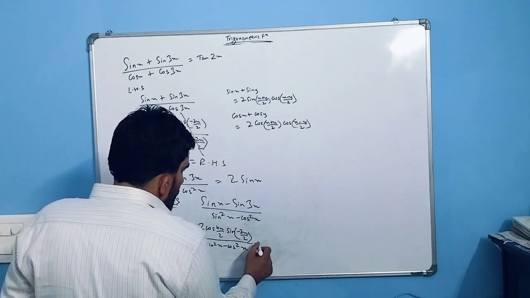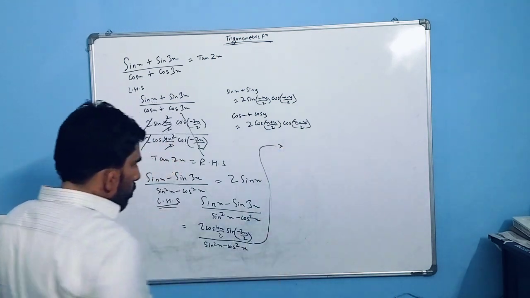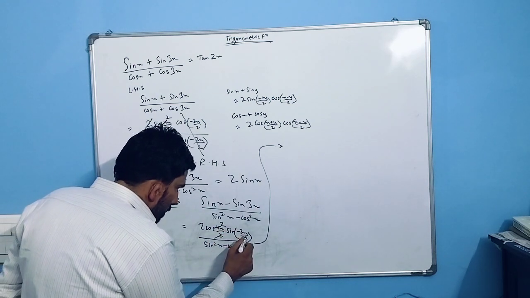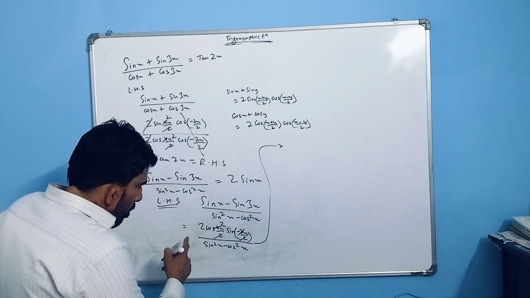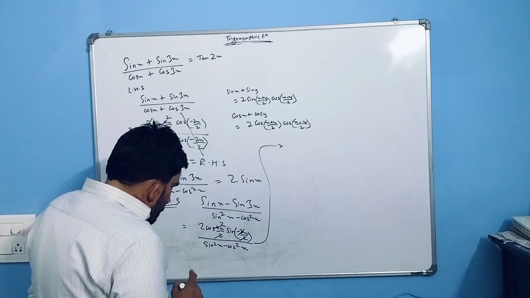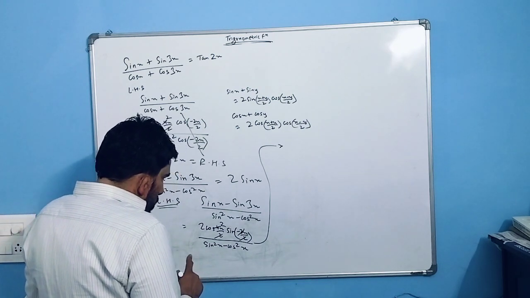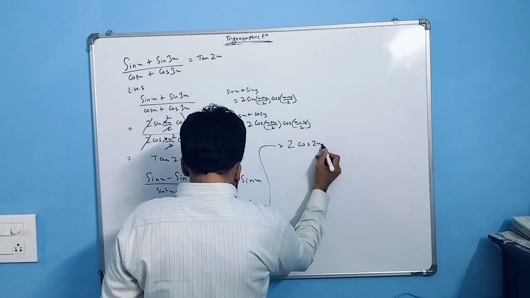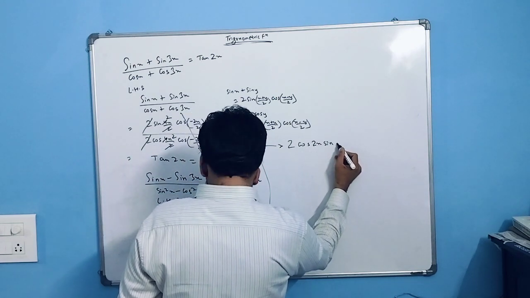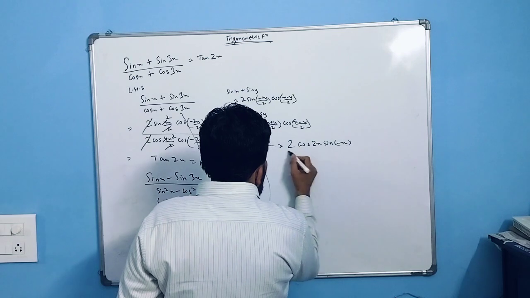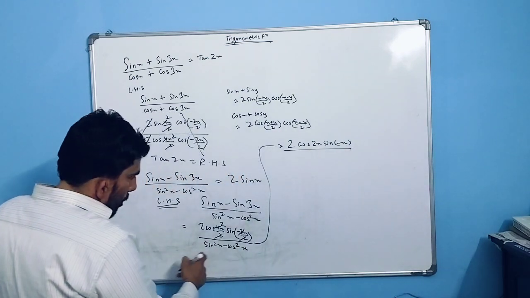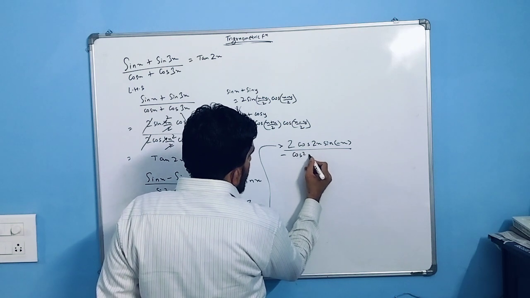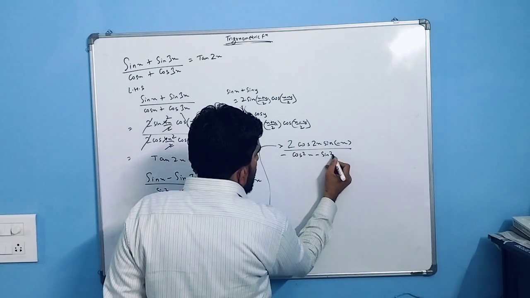Now the next step: you can reduce it here itself. So you get 2 cos 2x sin(minus x) upon, now we can take the minus sign common in the denominator, we get cos square x minus sin square x.